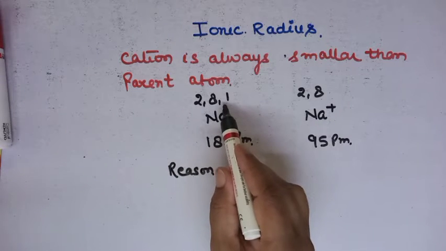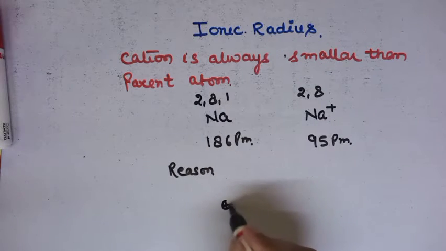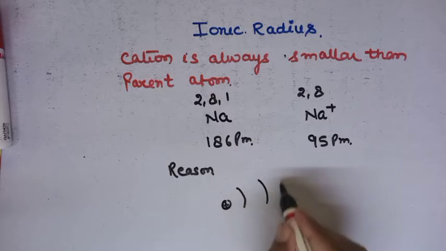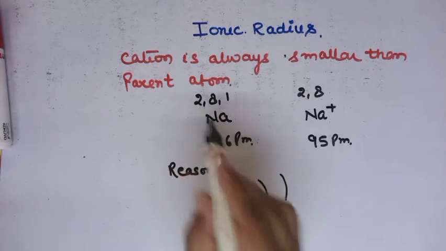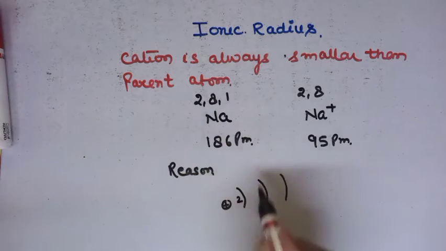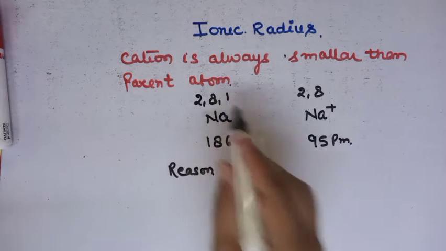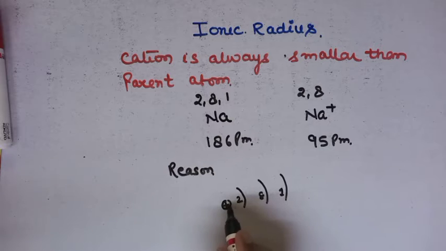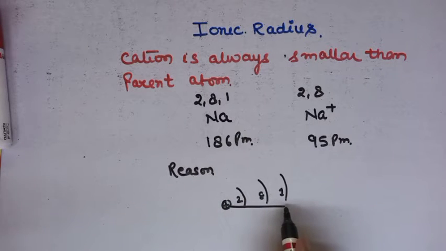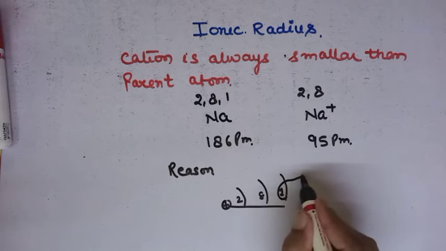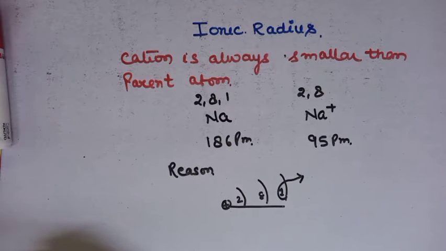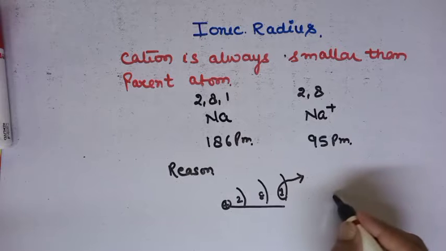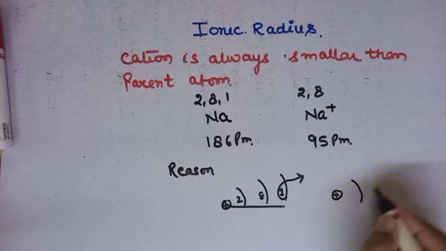In the case of sodium, the electrons are present up to third shell. In the first shell we have 2 electrons. In the second shell 8 electrons, and in the third shell here we have 1 electron. So its distance was from nucleus to the third shell. But when this sole electron gets knocked out in the sodium ion, we will have only 2 shells.